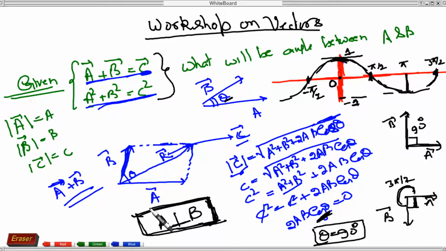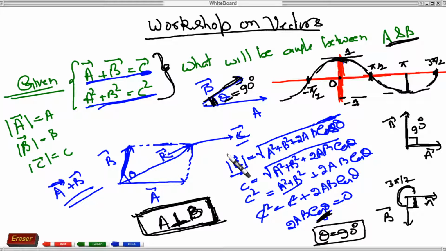So with the help of these given conditions, what we saw is that A is perpendicular to B, meaning the angle between them is 90 degree. So if someone asks you what is the angle between A and B, then we can say that A is perpendicular to B, or the angle between them is 90 degree.